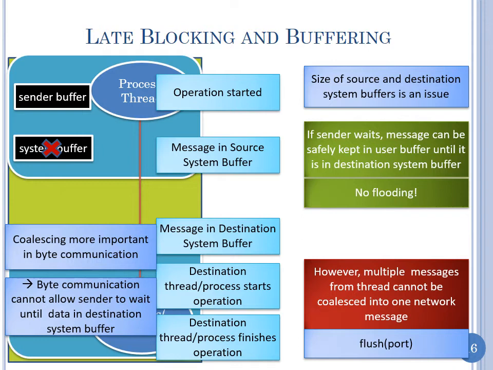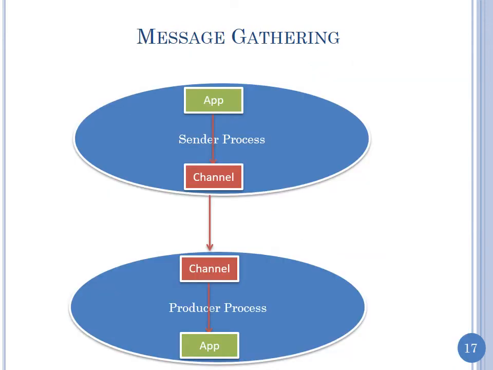When we do allow coalescing, there has to be an operation like flush that says, hey, don't wait, please do send the data, because coalescing can only happen if messages don't get sent when the application requests them, but get sent at some later point, and you can flush buffers to send them. Okay, so we'll continue from here next time.